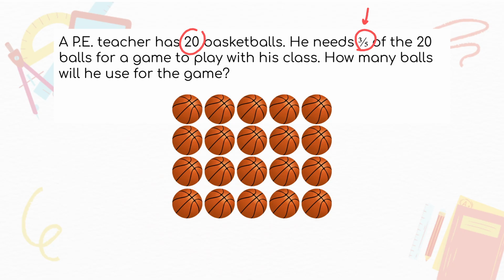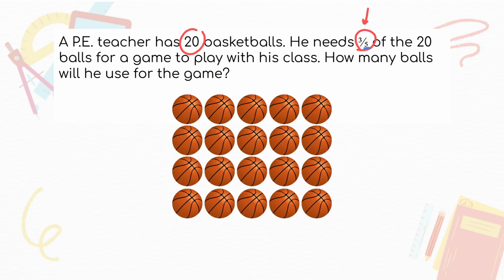Just a part. So let's talk about how we could figure out how many balls are going to be used in that game. Well, the first thing we're going to do, now that we have our whole showing our 20 basketballs, is now we want to break that whole into some equal parts. And we want to make sure that we're paying attention to the denominator in this fraction part right here, which is a 5.